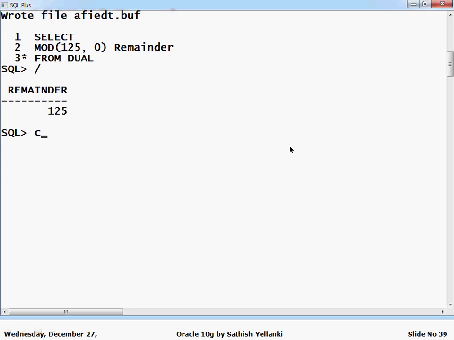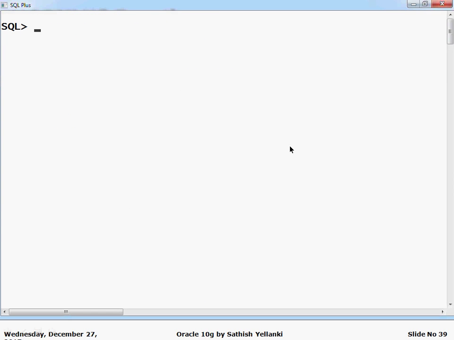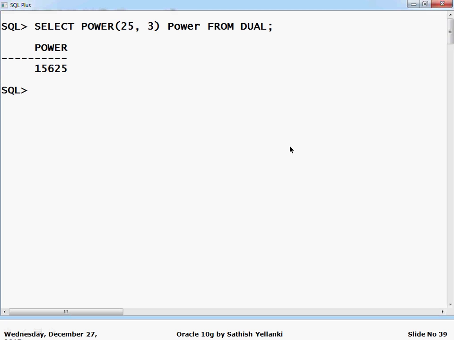Then we have a power function. We don't have an operator that can calculate the power of a number. So we have, watch carefully, select power of 25 comma 3, and we are just trying to say from dual. So 25 to the power of 3.